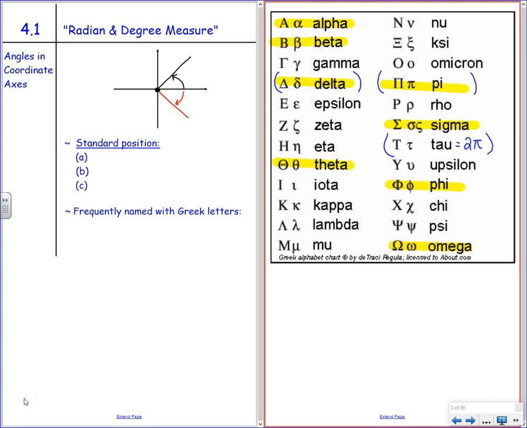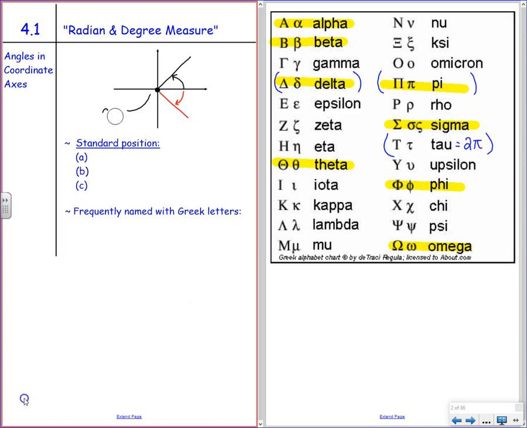Let's label some stuff. Thinking back to geometry, every angle has a vertex, a point at which the two sides meet or join or come together. This isn't like the vertex of a parabola, although it's kind of similar.